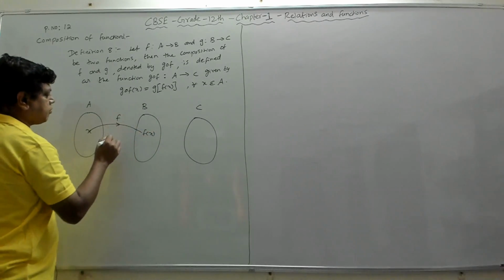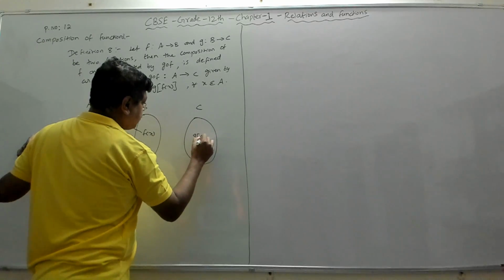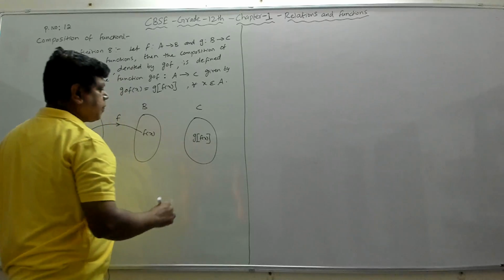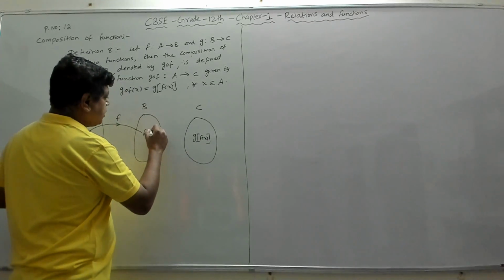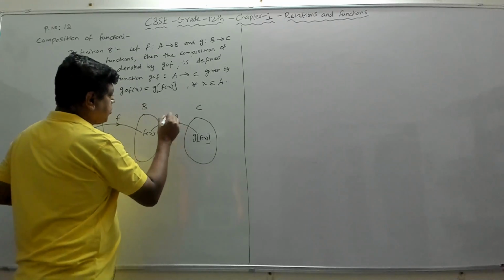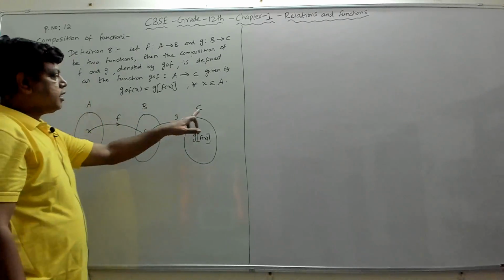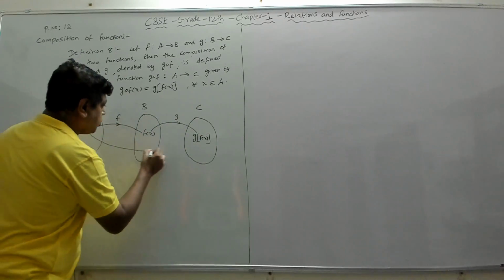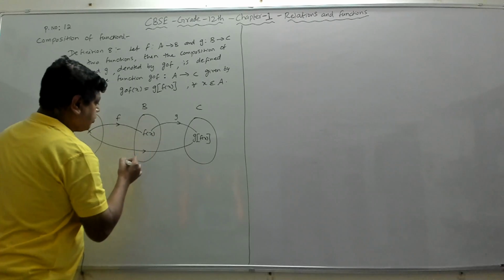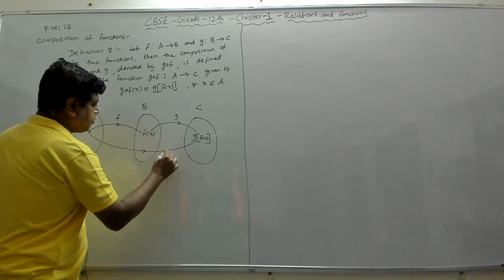So this is your function f, and this element is g of f of x, and this function g maps f of x to the element g of f of x in the set C, which means x is actually mapped to this element using the function g of f.